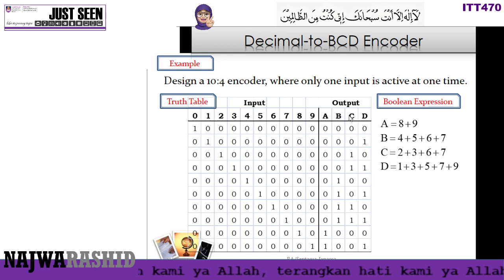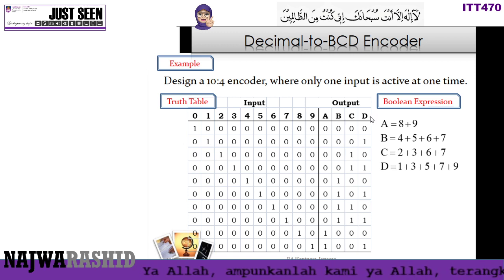Next, for B, the output equals 1 at number 4, number 5, number 6, and number 7. So we add 4 plus 5 plus 6 plus 7. For C, the output is 1 at number 2 plus number 3, and then plus number 6 and number 7.